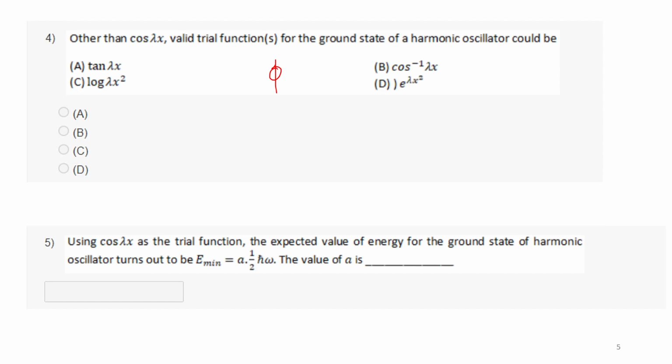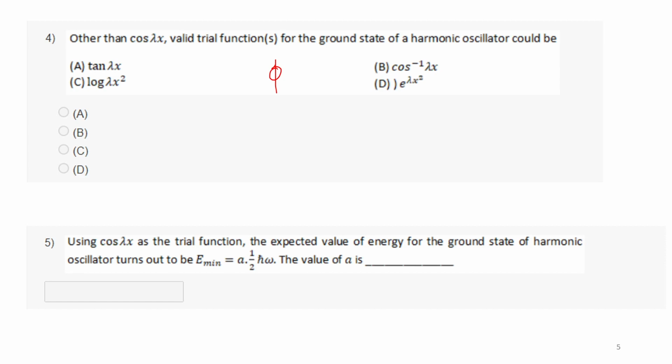But in the harmonic oscillator, we also know that it has to be symmetric, right? Some symmetry has to be there. So if you find the option e to the power lambda x square, that will give you a parabolic kind of wave function. I thought it gives an incremental function, like it increases exponentially. Yes, but then it is a trial wave function, right?